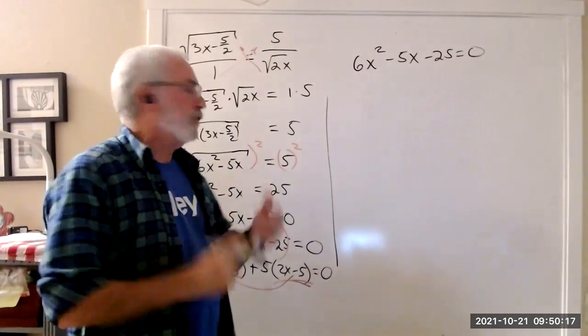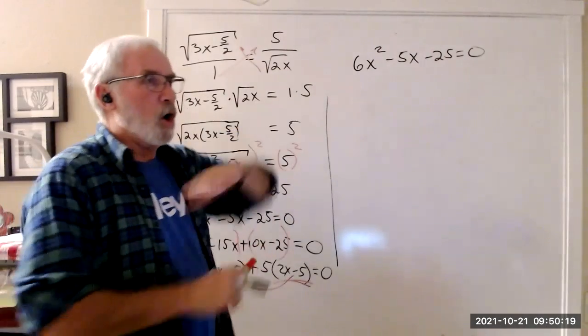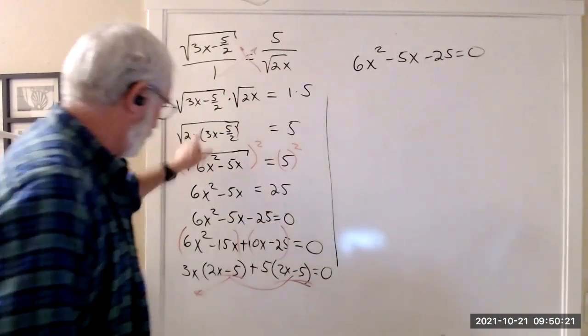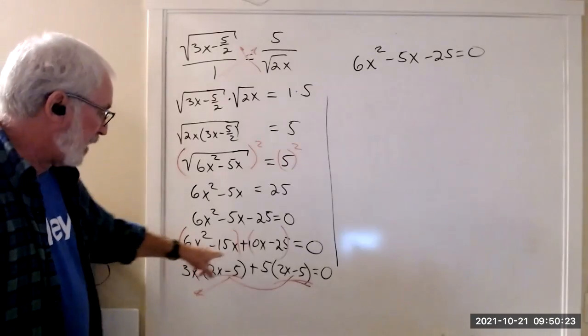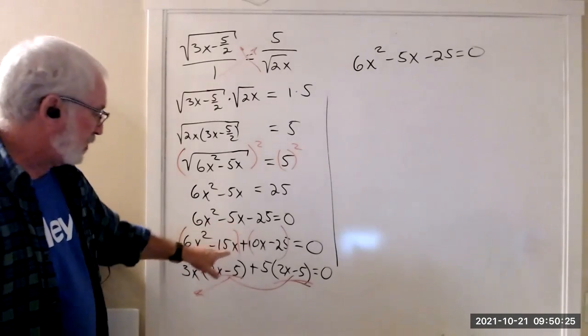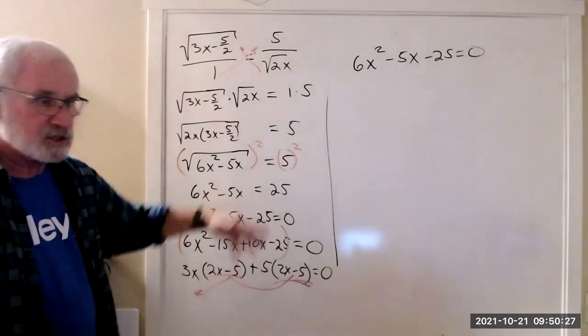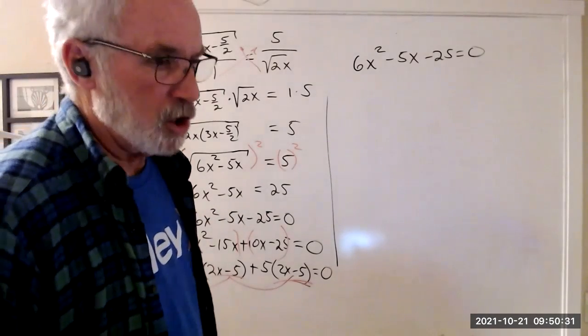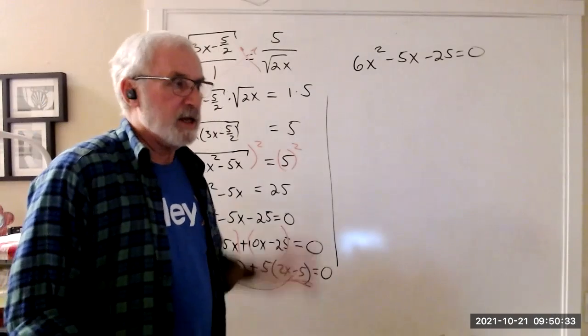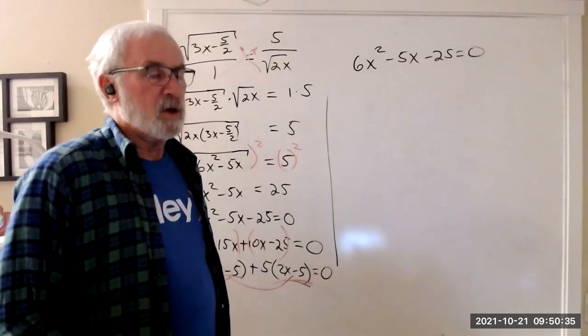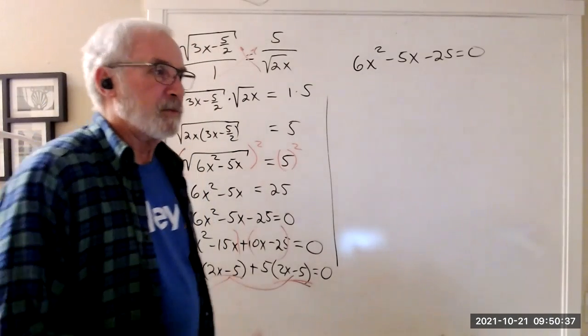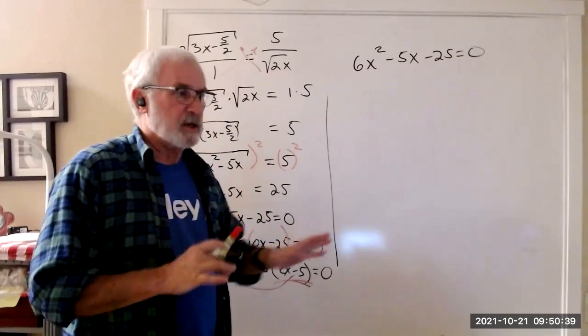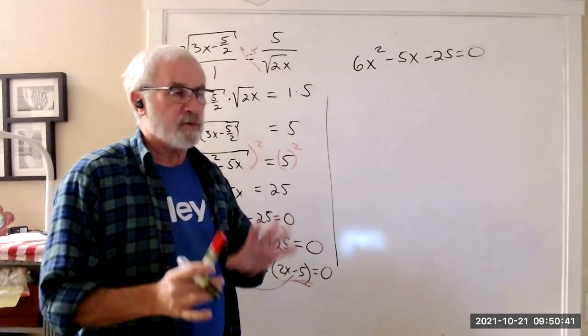The AC method that I showed always works. This technique of getting the AC, of breaking the 5x into 15 and 10 and all that kind of stuff, always works, but it's slow and it's a pain in the rear. So let me talk a little bit about an alternate way to factor.